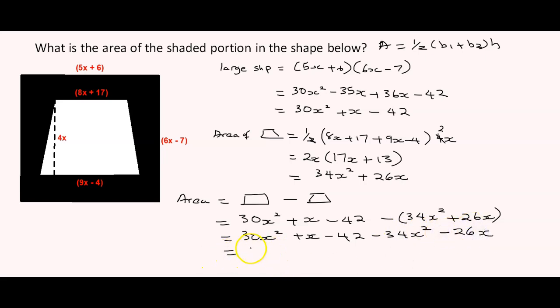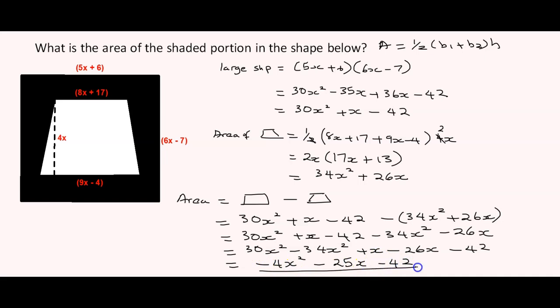And we now group common terms together. We have 30x squared minus 34x squared plus x minus 26x minus 42. And this is going to give us negative 4x squared minus 25x minus 42. So this is going to be the area of the shaded portion in this case.